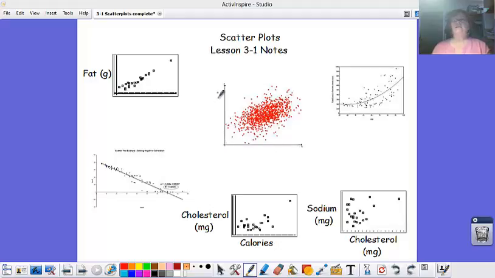So when you see a dot in a scatter plot, really what that's doing is linking together two values for one subject or one case. On this one it might be something like, actually we're going to talk about this one in a minute, fat and calories. This one, believe it or not, is pretty famous. This scatter plot represents, I believe it's 2,000 data pieces, where the x-axis variable is the father's height and the y-axis variable is the son's height.